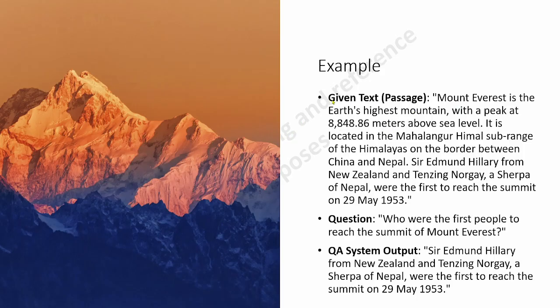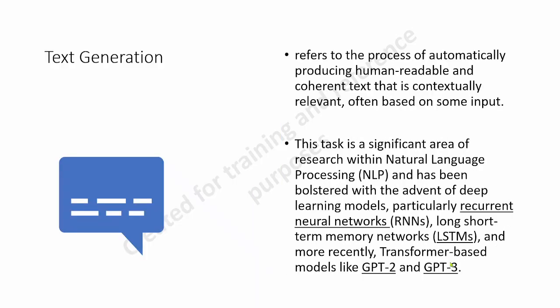For example, let's say the given passage is, Mount Everest is the highest mountain, and the question is, who were the first people who reached there? The objective of the question answering system would be to detect the named entities in the passage and come up with a proper answer.